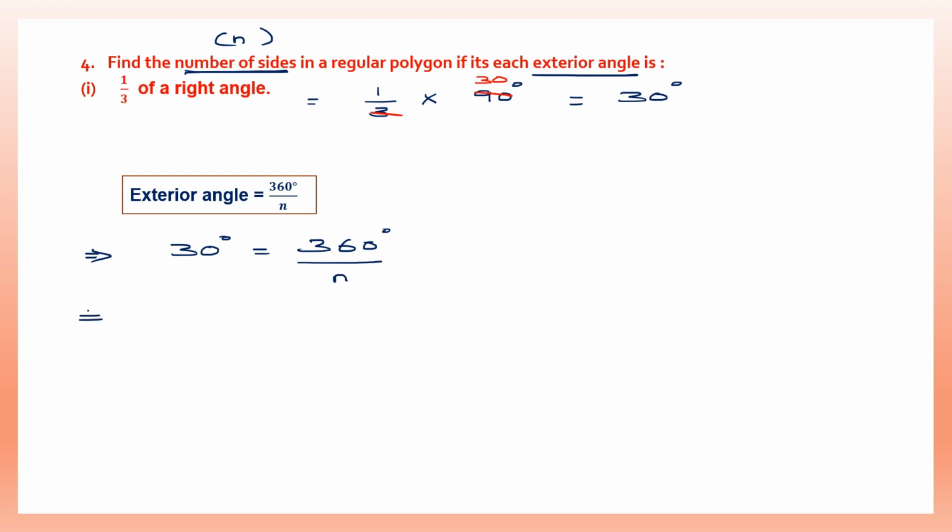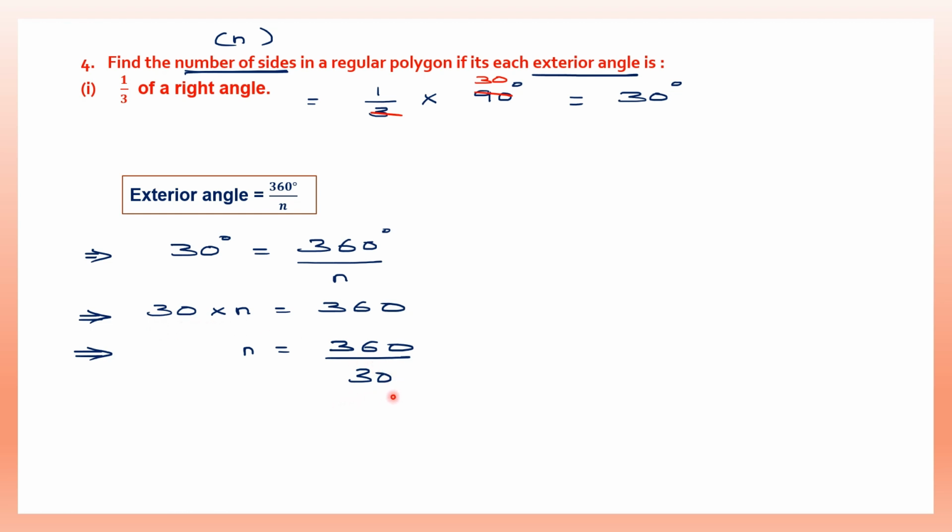Now we are going to transpose n to the left hand side. It becomes 30 into n, which is 360. Now to find the value of n, n is 360 divided by 30, because I have transposed this 30 from here, which is multiplication, to the other side.